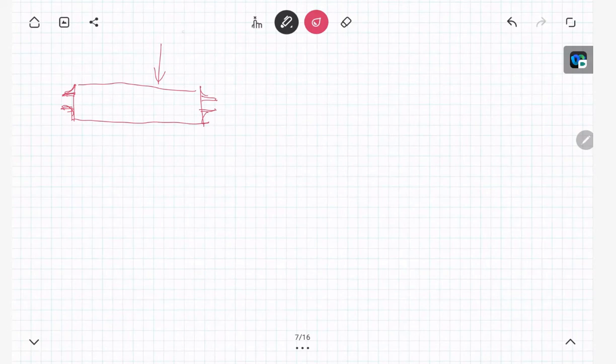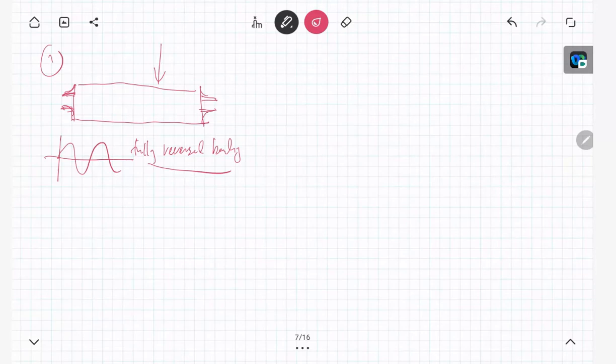So this one we just have this like this. So fully reverse bending. Ini kan? Soalan kedua, then kita ada this one, fillet Kf. So you have to calculate the Kf, how to use the graph.